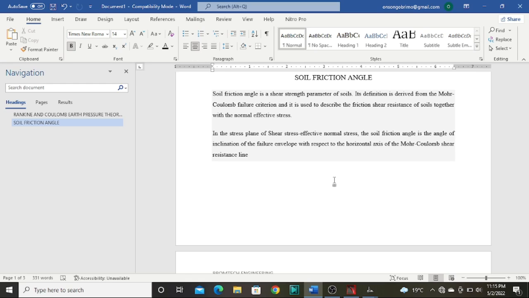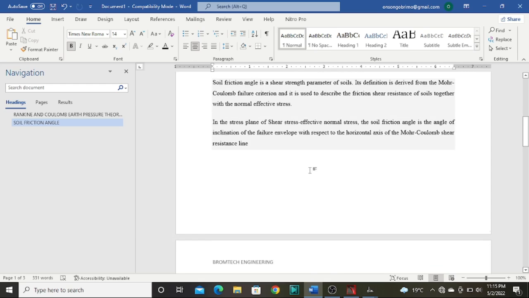In the stress plane of shear stress against effective normal stress, the soil friction angle is normally the angle of inclination of the failure envelope with respect to the horizontal axis of the Mohr-Coulomb shear resistance line.